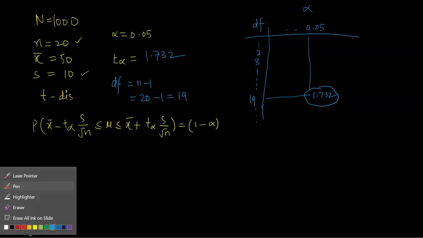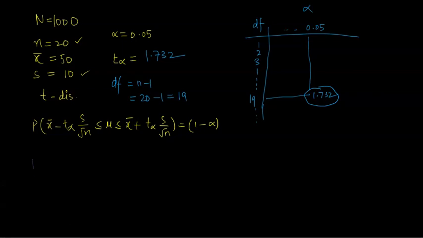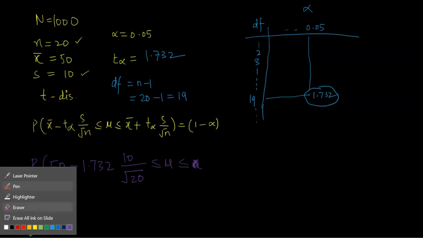And we use a different color to quickly create the confidence interval. Okay. And now the thing seems pretty simple to me. X bar is 50 and minus T alpha value, which is 1.732, times the standard deviation of 10 over square root of 20, less than or equal to mu less than or equal to x bar, which is again, let me clean it up again.